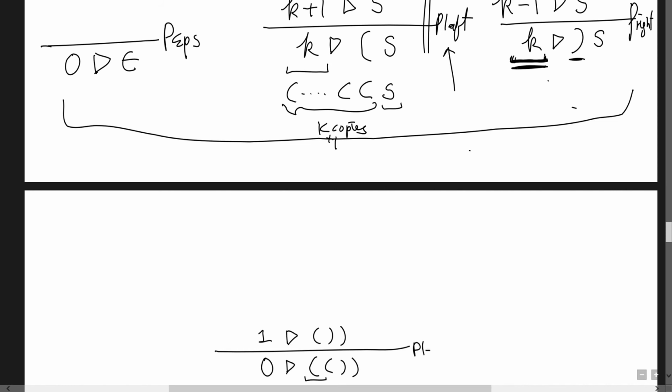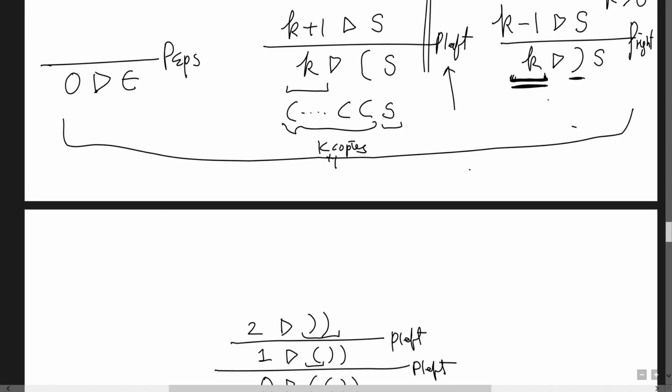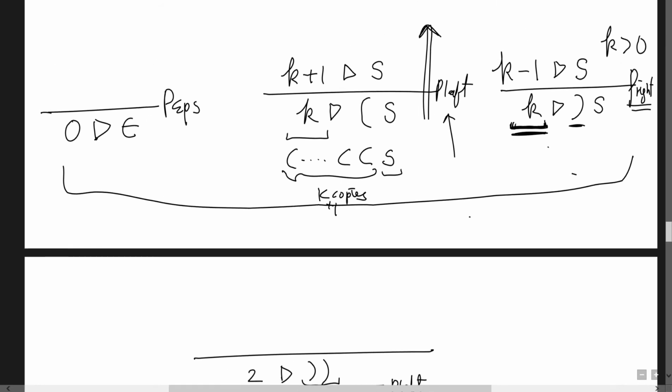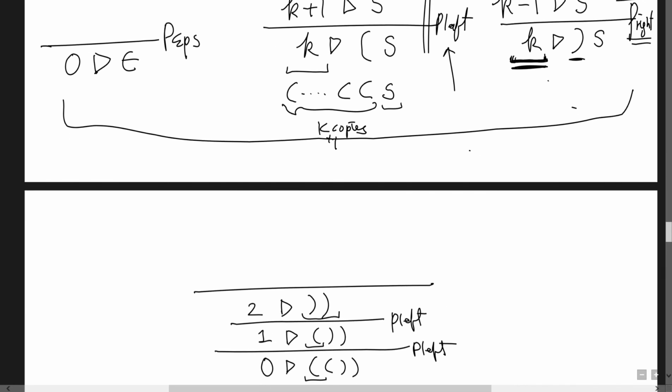And again, the first parenthesis is left. So we apply P left one more time, giving 2 triangle this string. Now it's time to apply this P right rule. But first we have to verify that the count of the opening left parentheses is greater than 0. So we have to verify that 2 is greater than 0.